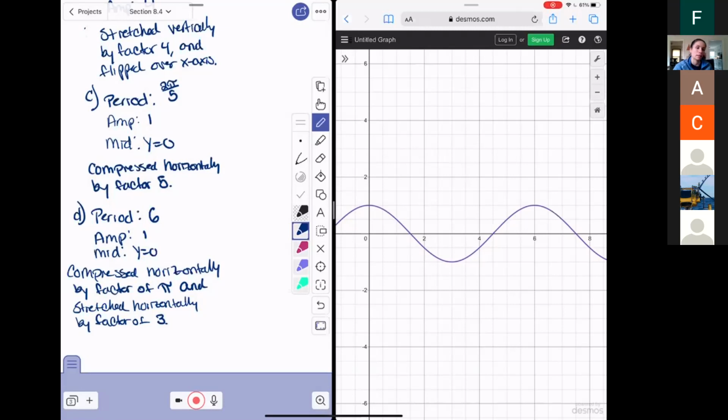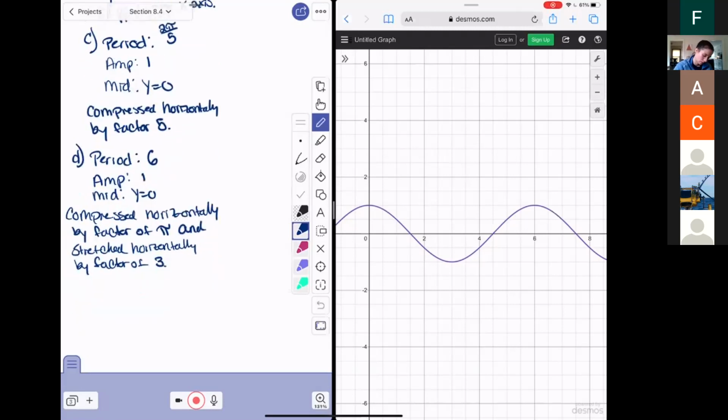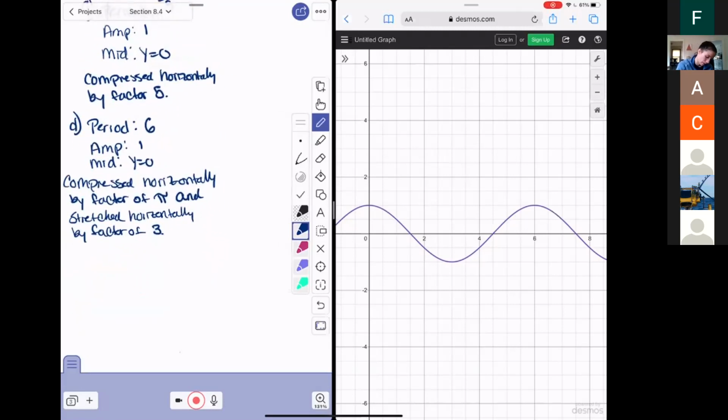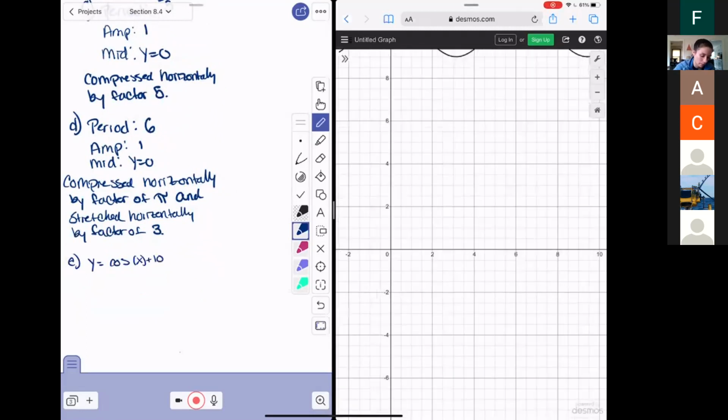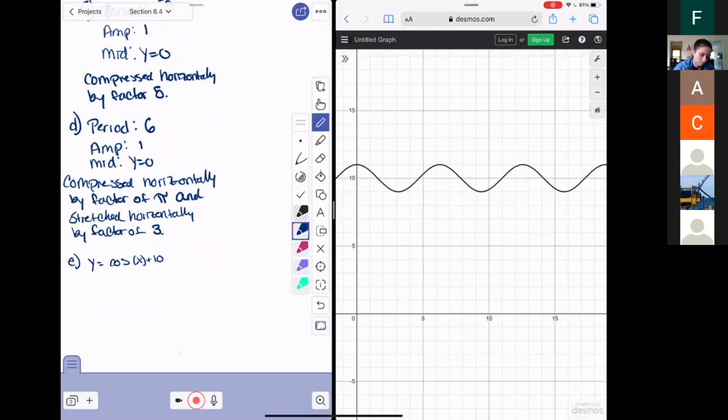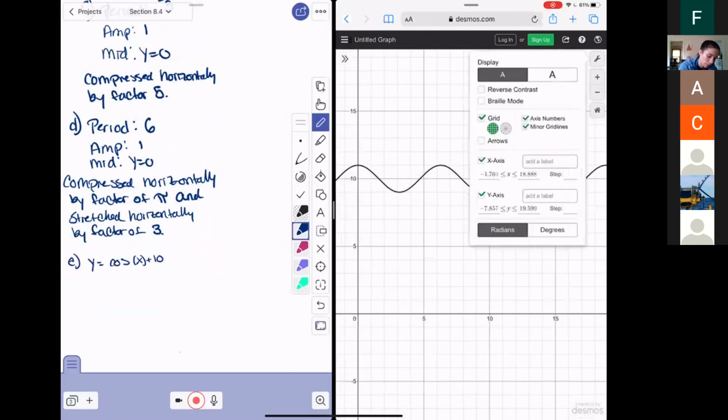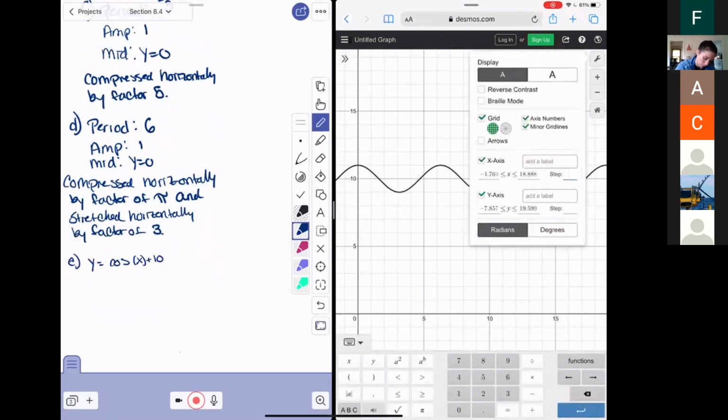Okay, problem E. I'm going to write it down here. E, y equals cosine of x plus 10. All right, so that's what we're dealing with, cosine of x plus 10. And I'm going to switch back to my pi over 4 label.